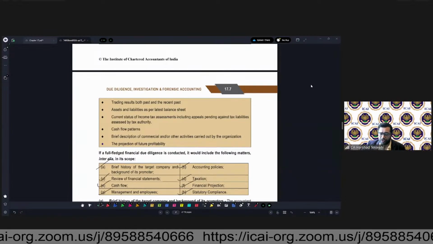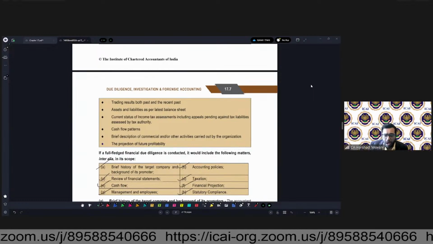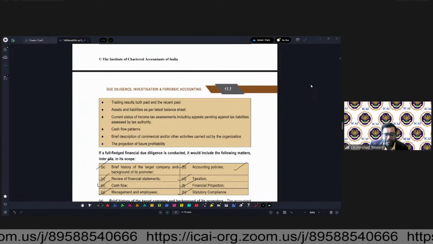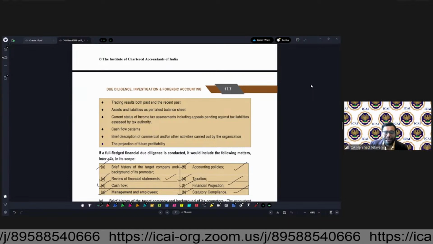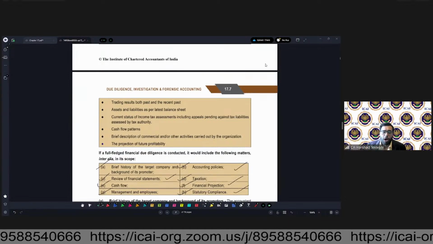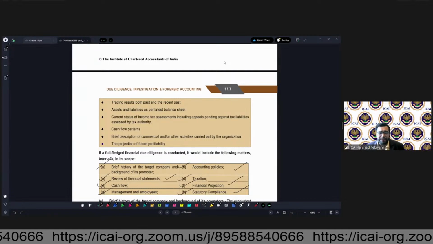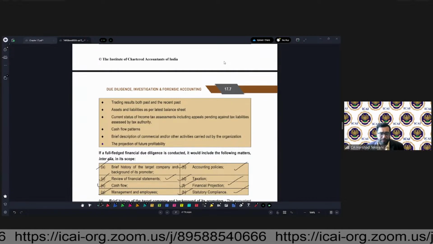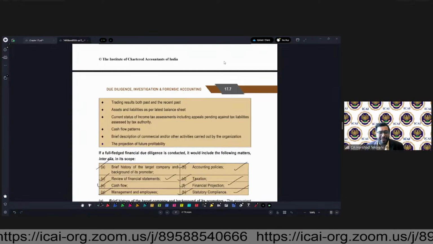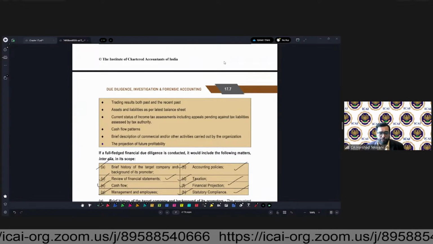Out of this, we have already seen accounting policies, financial projections, statutory compliance, and review of financial statements. But let's understand the remaining part, the brief history of the target company and other areas, by taking up one more question.